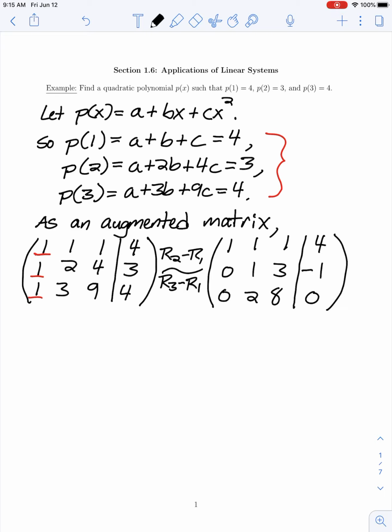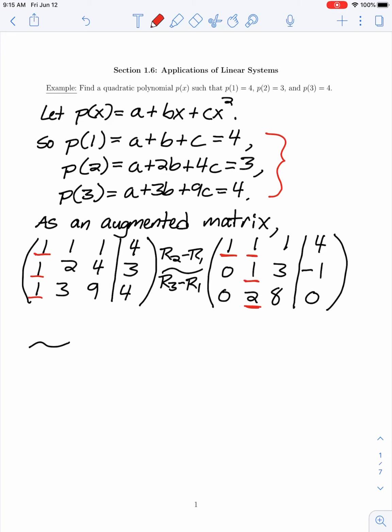Now, simplifying a bit further, I have the 1 as the leading coefficient in my first row with zeros above and below it. I now have a 1 for the leading coefficient in my second row, and I need to eliminate the 1 that appears above that and the 2 that appears below it.